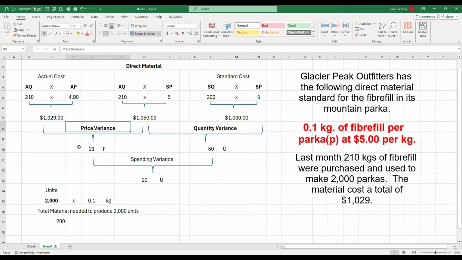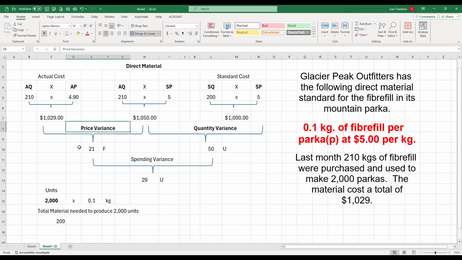Now, since we see that we're losing $50 from overusage of material and saving $21 because of the price, we know the responsible for the price variance is the purchasing manager, and for the quantity variance, the production manager. Which manager did a better job? The purchasing manager.